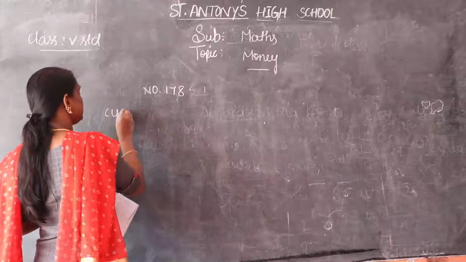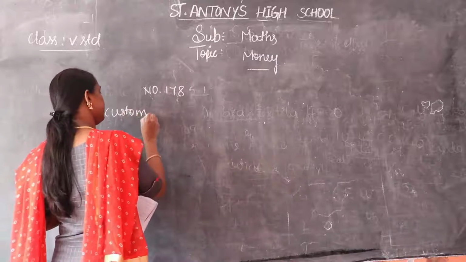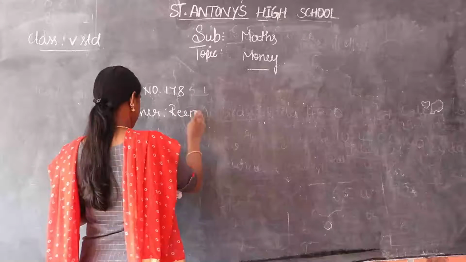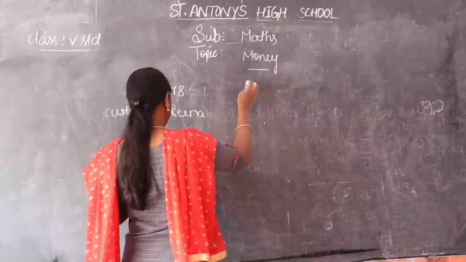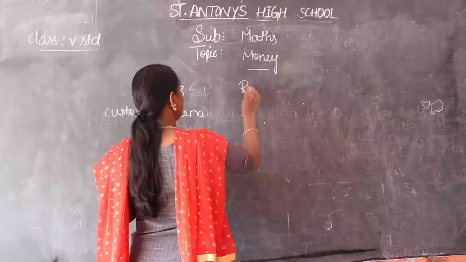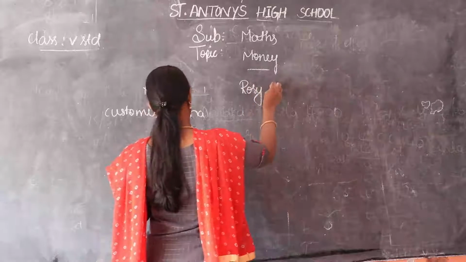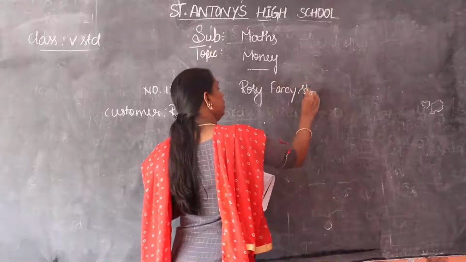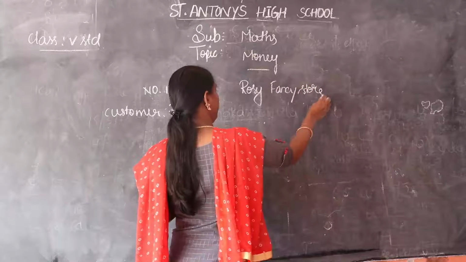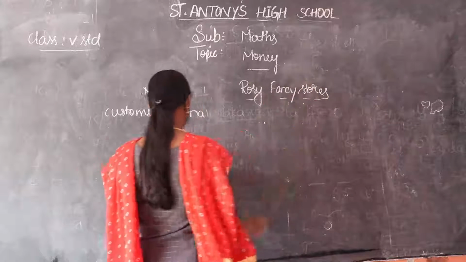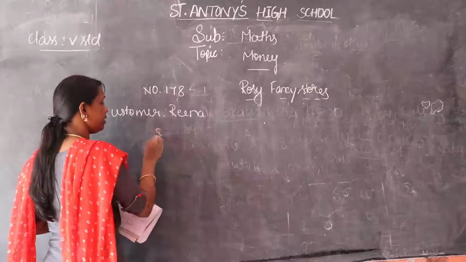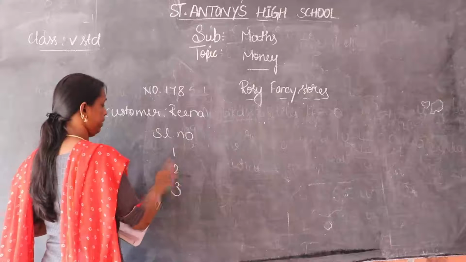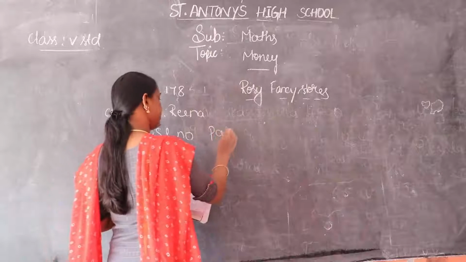Customer name is Reena. The shop name is Rosie Fancy Store. And then below that, serial number 1, 2, 3, and then particulars.